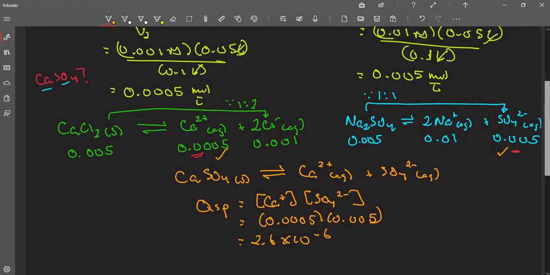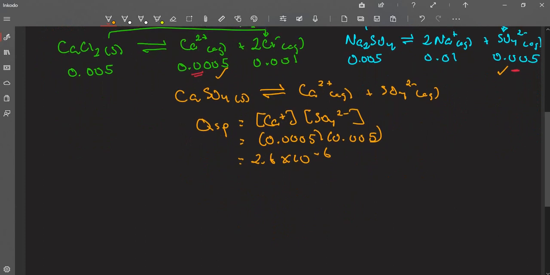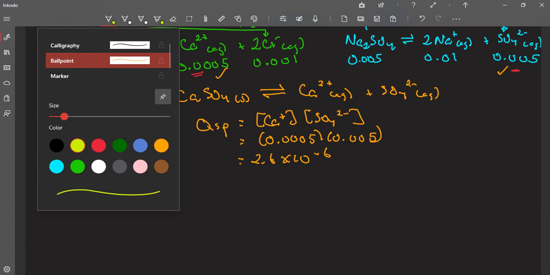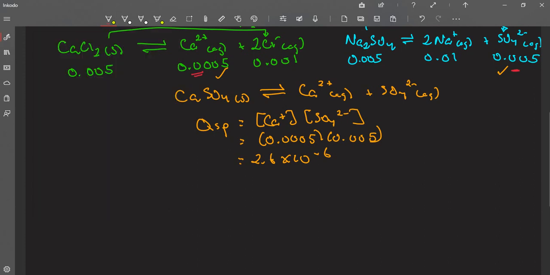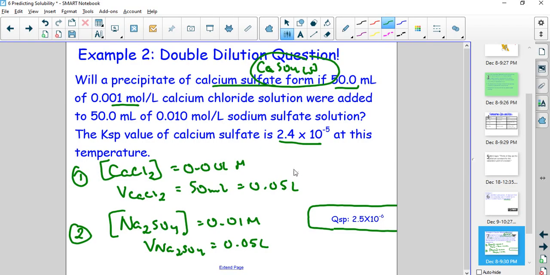Okay, we're almost done. We now have to compare this value to the given KSP. So let's go back to yellow. If our given KSP from the question, you can look back. Let's toggle back. KSP is 2.4 times 10 to the negative 10. Quite low. Double check. No, it's not.